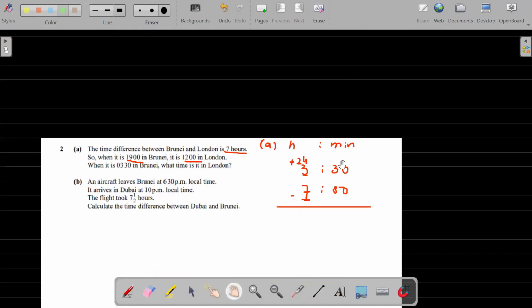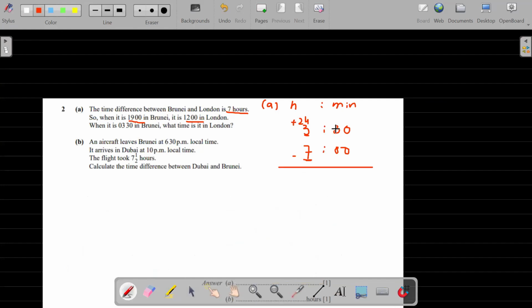Suppose this time was on Monday. I have to add 24 to it, so we rewrite this statement. 24 plus 3 is going to be 27, and this will be 7:00. When I add 24 hours in the hour section, I subtract one day from the day.